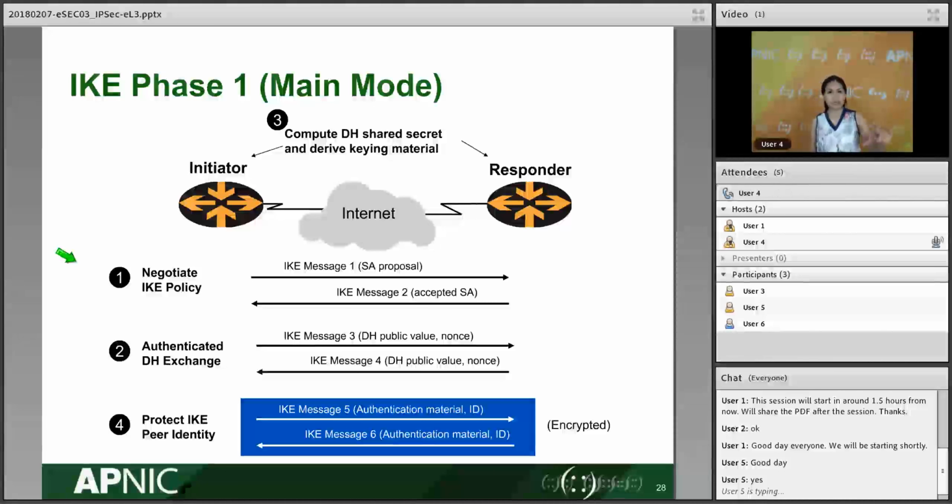So let's say you propose that, hey, let's use this algorithm, let's use these parameters for our connection. Okay, that's the SA proposal. You're sending that to the responder. The responder will check whether in his own security policy he has that as well. He supports that as well. And then if they do agree, that is when the other party responds with the message 2.